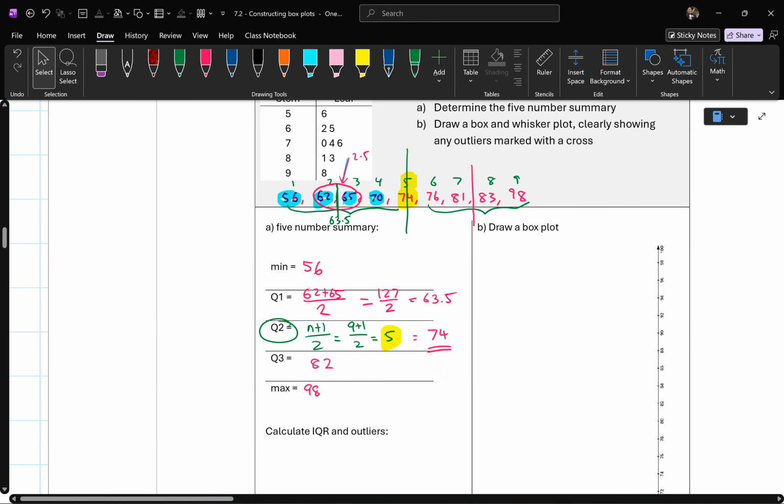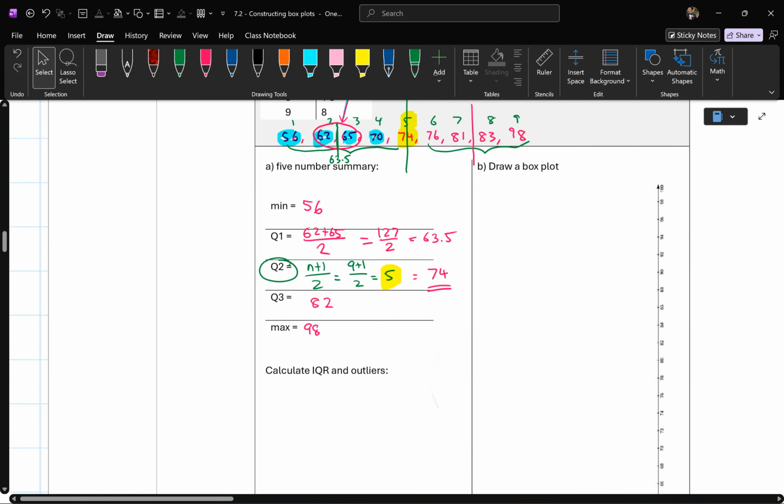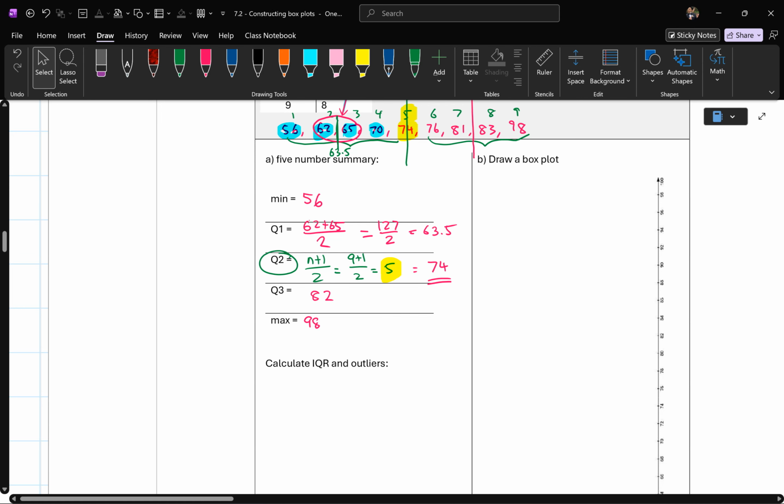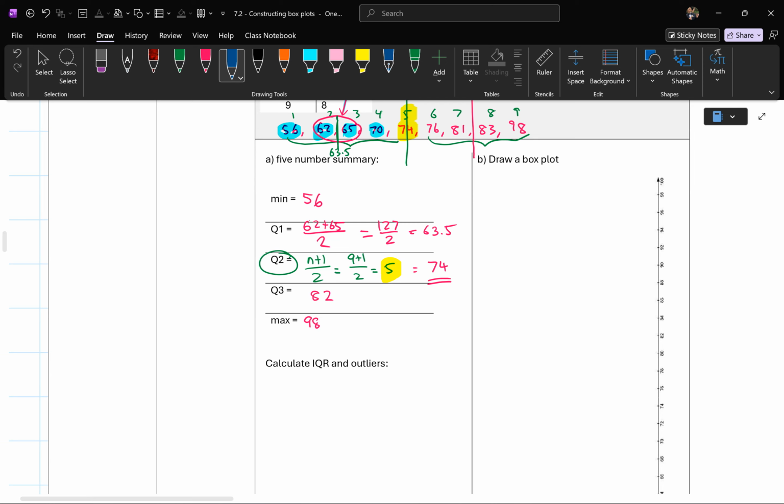Once you've got your 5-number summary, it says calculate IQR and outliers. Let's see if you guys remember the rules. Usually they give you the rules anyway. For Year 12s, you will have the rules in the back of your sheet. IQR, how do you work out IQR again? Good, Q3 minus Q1. And how do you find outliers? Good, you've got the upper fence and lower fence.